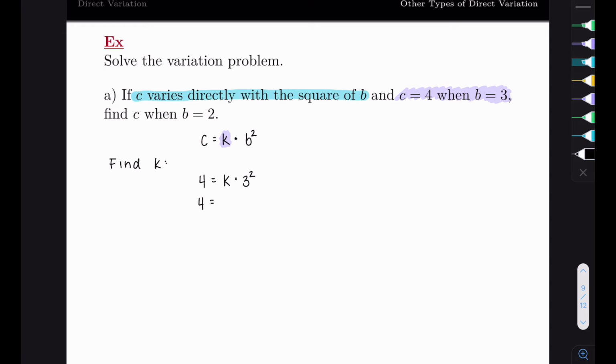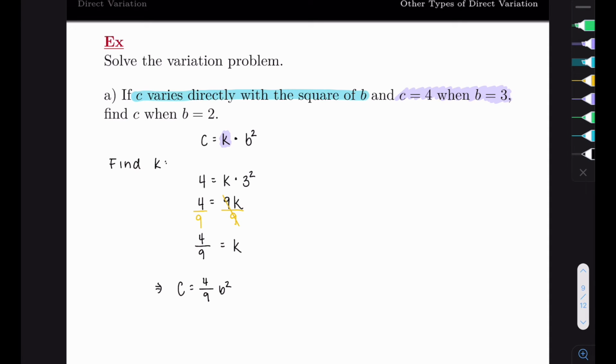So this is 4 is equal to 9K. Then I divide both sides by 9. Those cancel each other out. And we get our value of K is 4/9. So the equation that represents this scenario is C is equal to 4 over 9 B squared.